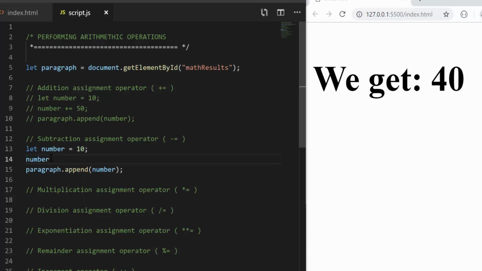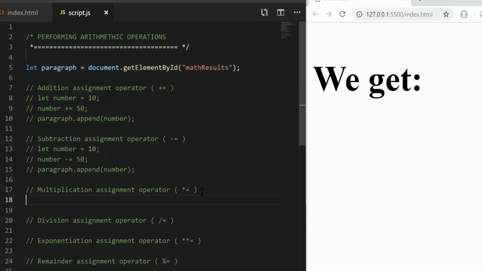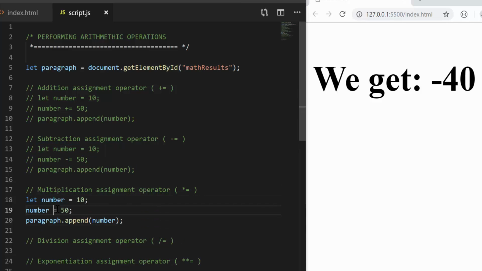So when you use the subtraction assignment operator, or addition assignment or whatever, the variable comes first. So negative 40 equals minus equals 50. All right, and we get the proper results. Again, I'm going to copy this, comment this out, add this here, and I'm going to add multiply equals, and we get 500.